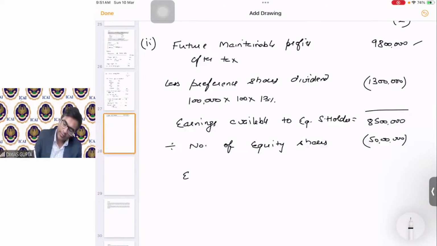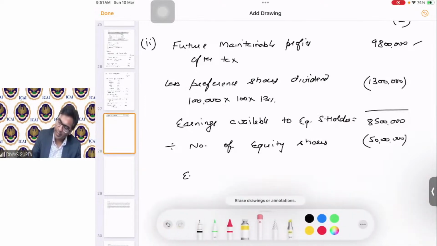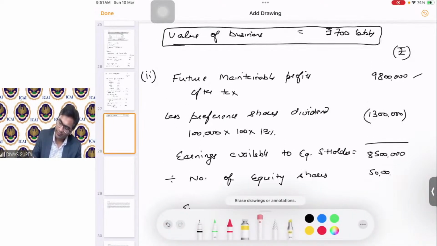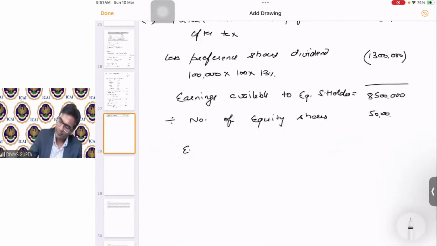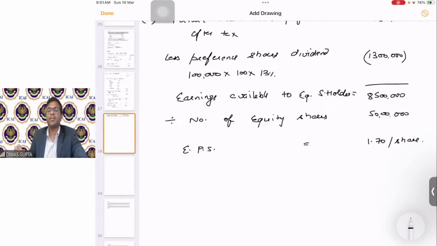So earnings per share becomes 85 lakh divided by 50 lakhs, which is 1.7 per share.